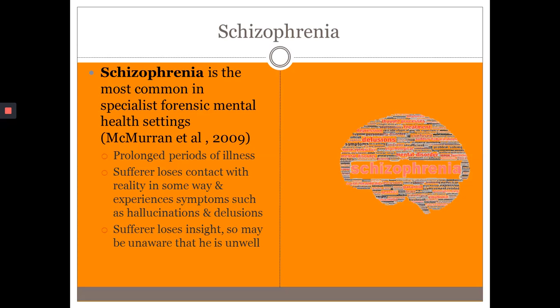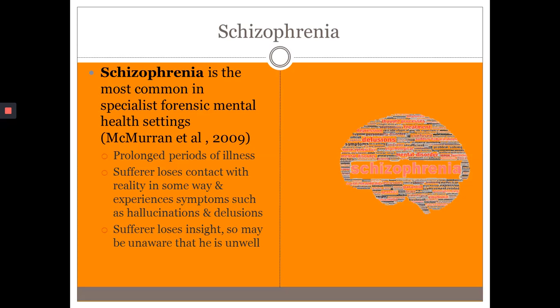So schizophrenia is a very broad label, so broad in fact that quite a few psychologists and psychiatrists over the years, one example of whom is Thomas Szasz, have criticised schizophrenia as being a largely useless label because it's too broad, it covers too many things, and therefore ends up meaning everything and nothing.